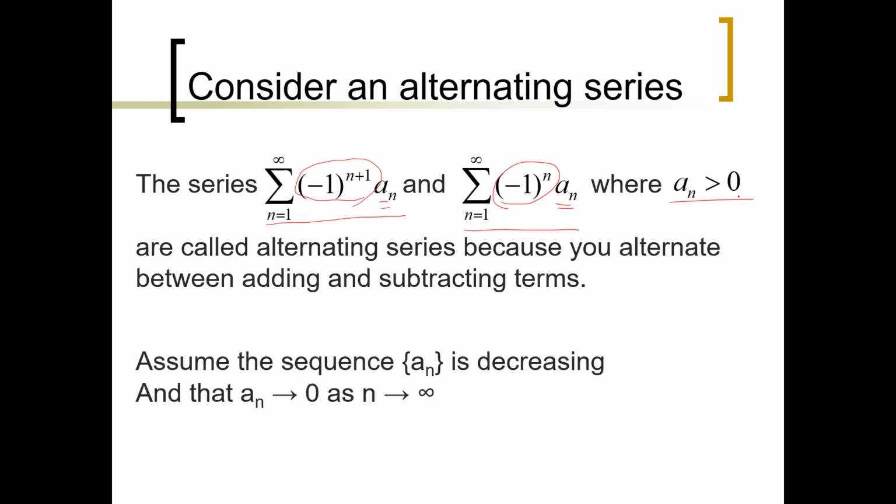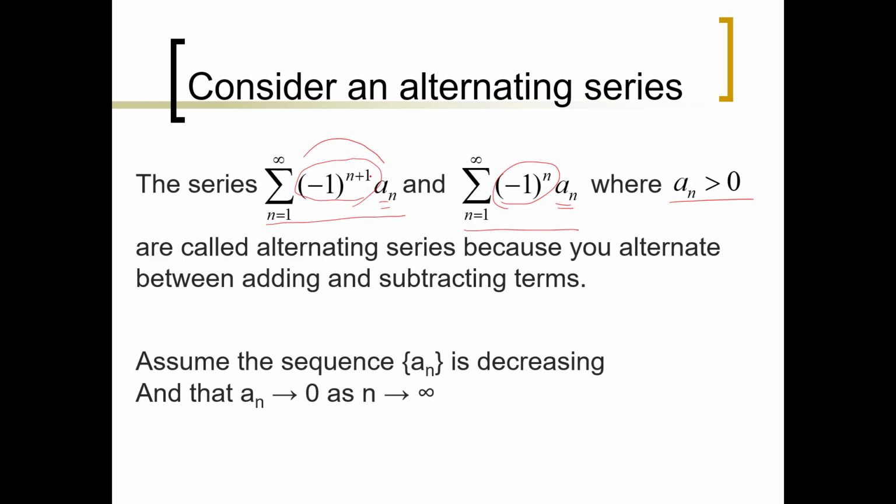So let's assume that you have such an alternating series and look at a sub n, the positive portion, not the portion doing the plus and minus. Let's assume that that sequence is decreasing. Also assume that a sub n is going to 0, because if it doesn't go to 0 as n goes to infinity, then by the nth term divergence test, this entire series would have to diverge.